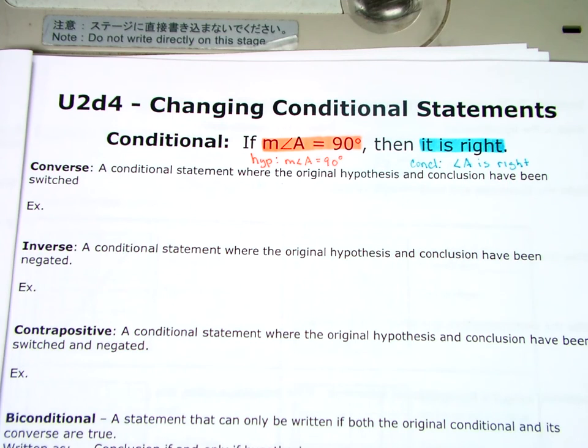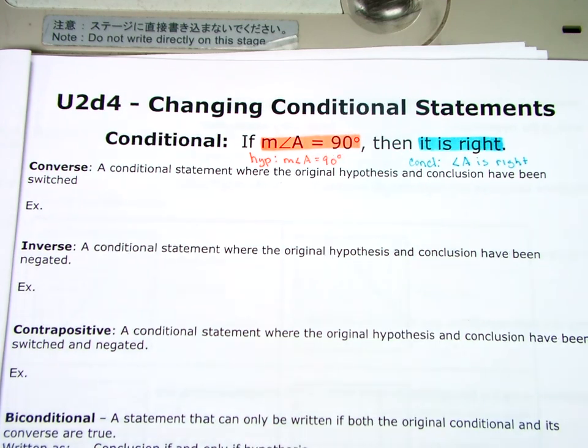Okay? So the first one is converse, a conditional statement where the original hypothesis and conclusion have been switched. So instead of if the hypothesis happens, then there's a conclusion, we're going to say if the conclusion happens, then the hypothesis. I know it sounds weird to say it that way, but that's what a converse is.